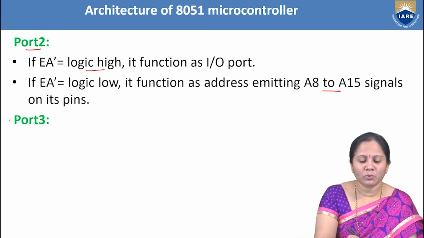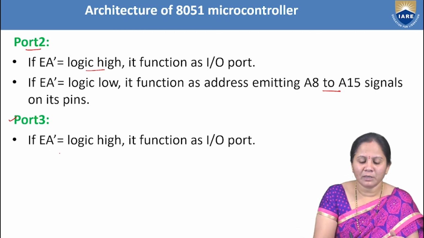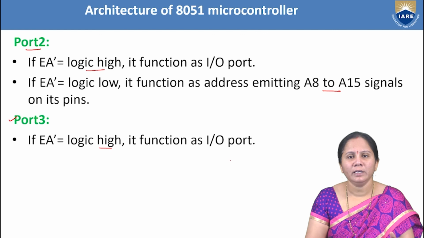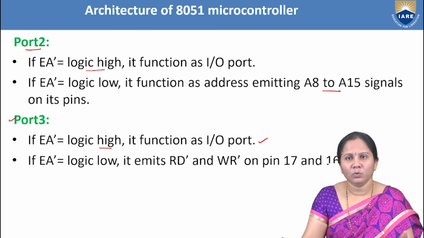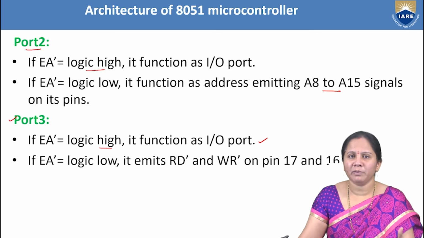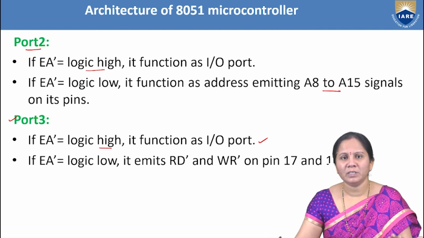Now, coming to port 3, it also has 2 functions. Each pin has a different operation. If the EA bar signal is logic high, it acts as a simple IO port. If the EA bar signal is active low, it performs other operations like read, write, transmit, receive, timer signals, and interrupt signals.